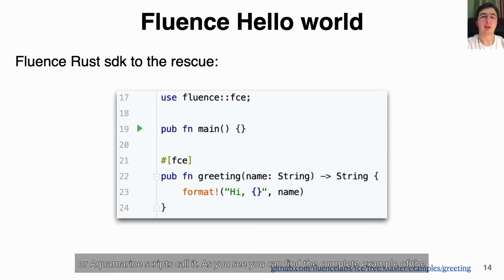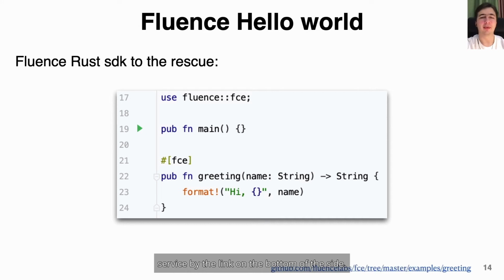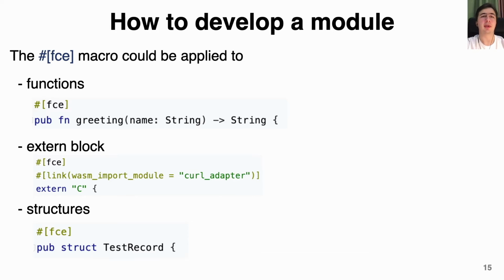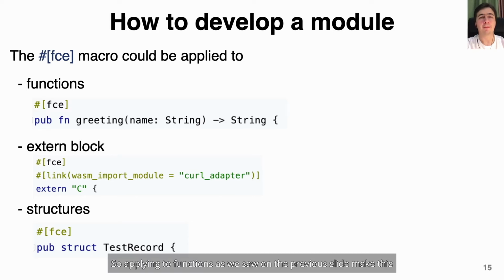As you see, you can find the complete example of the service by the link at the bottom of the slide. This FC macro could be applied to a function, an external block, and structures. Applying it to functions, as we saw on the previous slide, makes the function exported from the module.